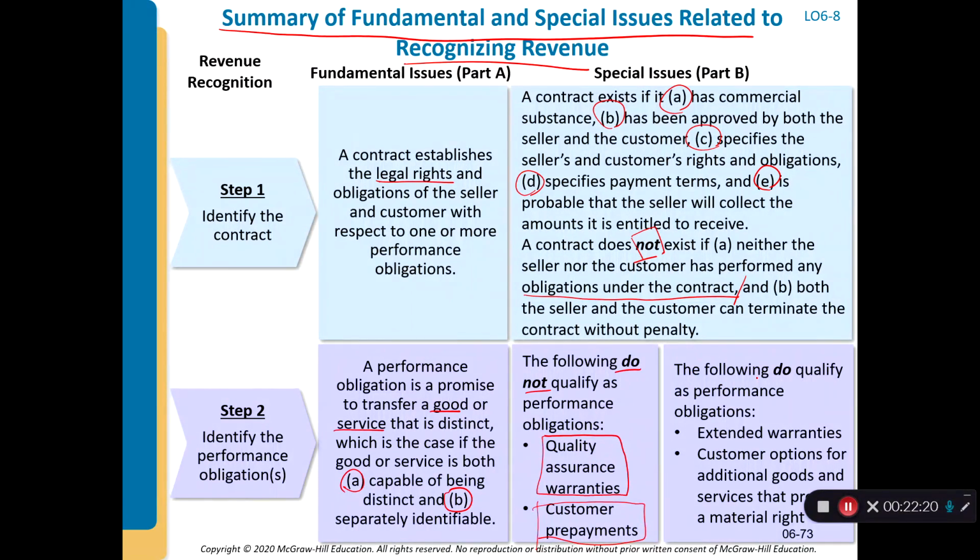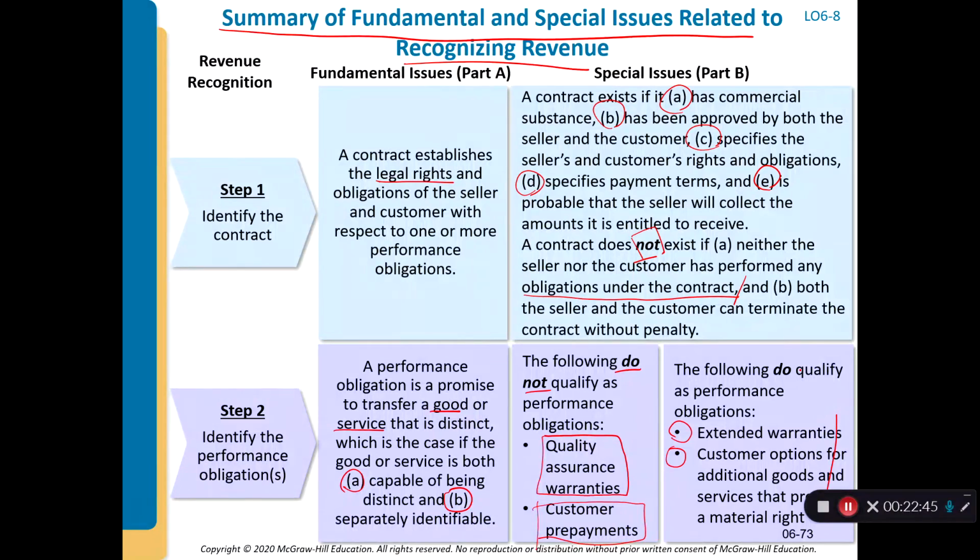But what qualifies as a separate performance obligation is, first of all, the extended warranty. It's a warranty that warrants the quality beyond the normal course of action. And the second one is a customer's option for additional goods. Remember, we did a lot of exercises on coupons and discounts.